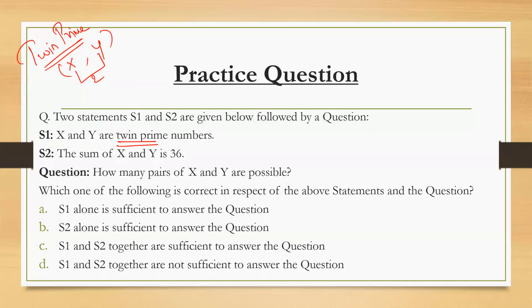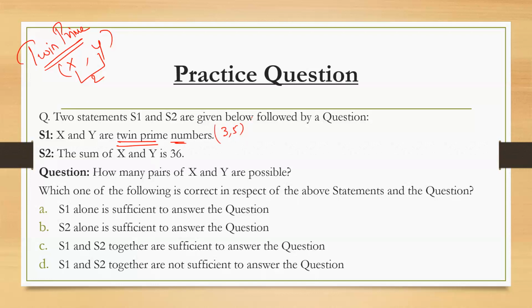So here what we are getting is X and Y are twin prime numbers. When we talk about twin prime numbers, the difference between the two has to be 2. So what could be the possible pairs? How many pairs are possible? 3 and 5 is possible.